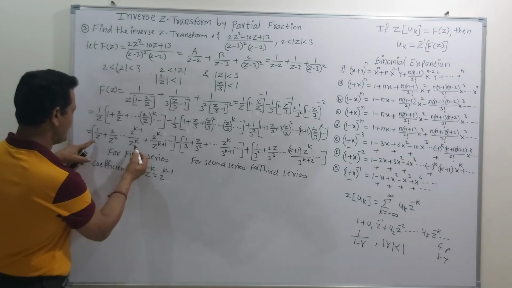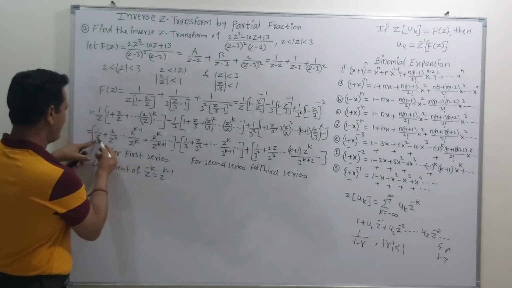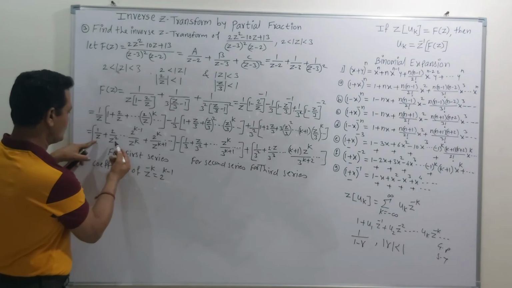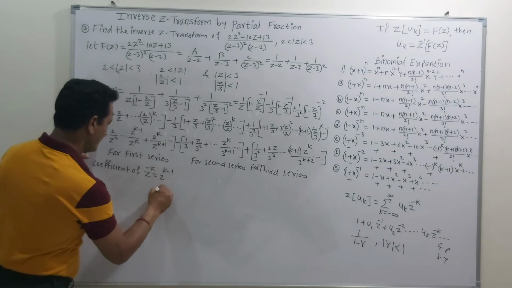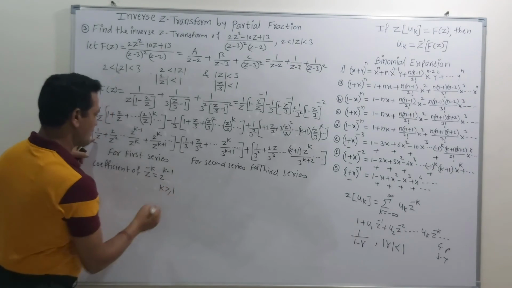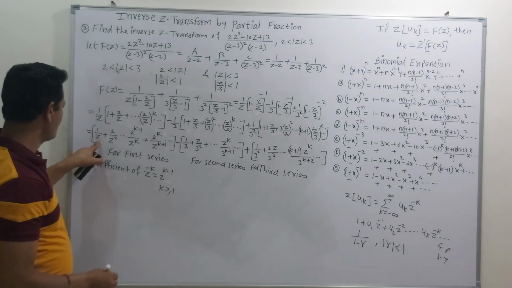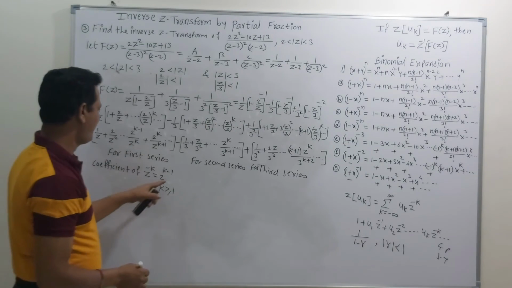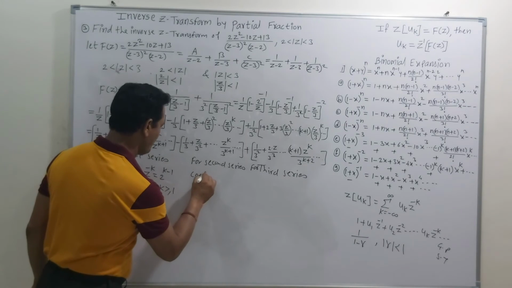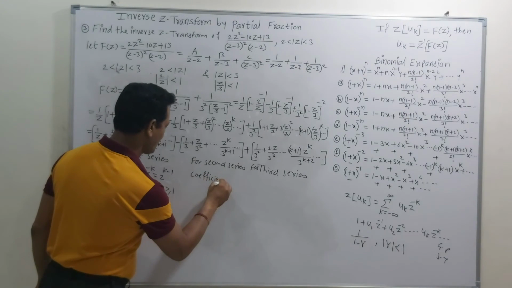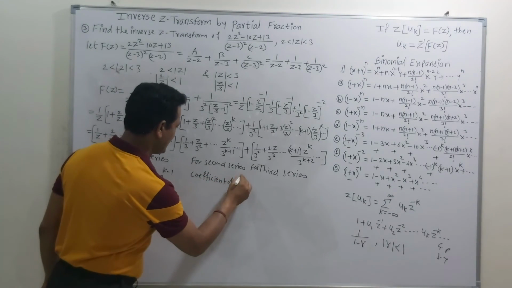So here in particular, put k equal to 1, we get the first term; k equal to 2, 3, 4, and so on. That means the condition on k is that k is greater than or equal to 1, for the first series. Now friends, for the second series, we get the coefficient of z raised to k.